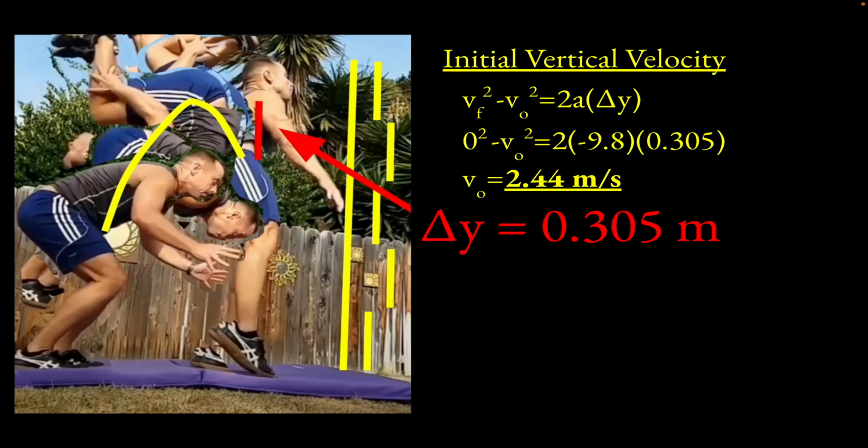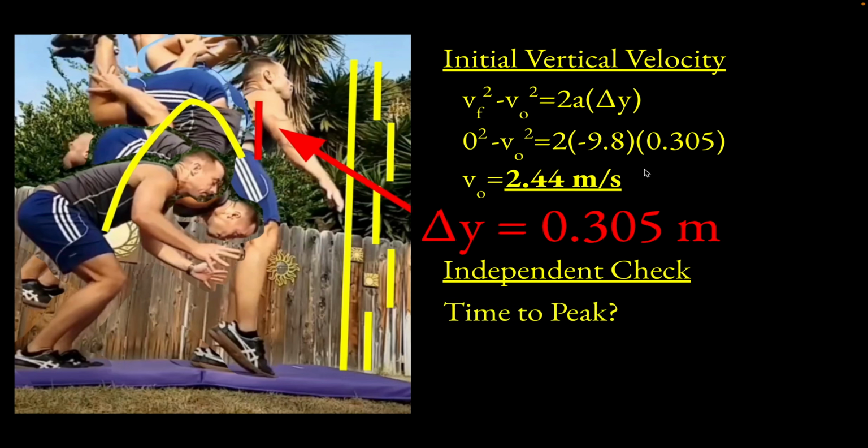We can actually do an independent check of that launch velocity, given the idea that it took about a quarter second for me to reach the peak. We can do an independent check of this velocity to see if it's reasonable. Well, that time to peak, which was close to a quarter second, we can double check. So we can use this kinematic equation for the trip upward from takeoff to the peak.